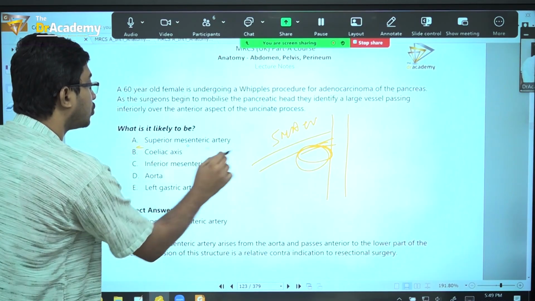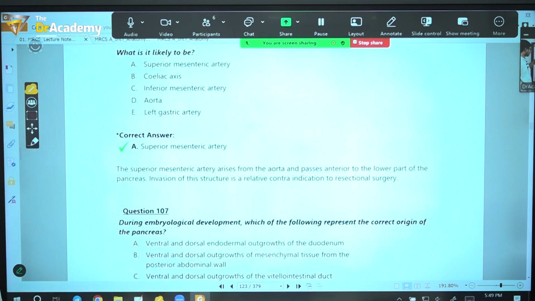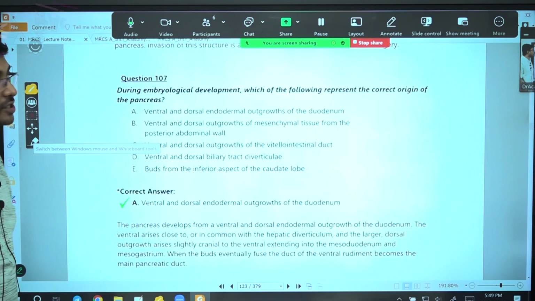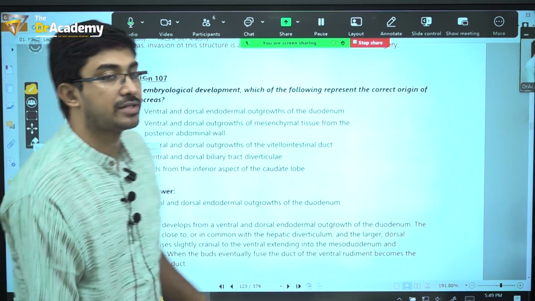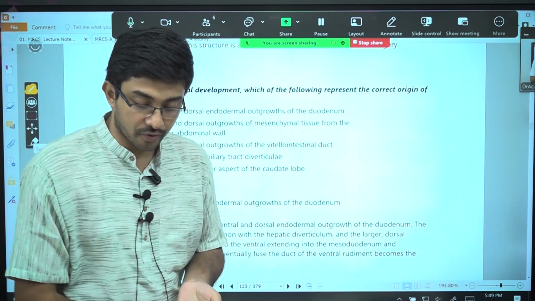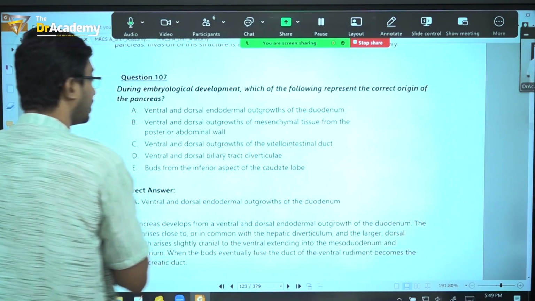So that will be the superior mesenteric artery. During embryological development, which of the following represents the correct origin of the pancreas? We know that the pancreas arises from the dorsal and ventral pancreatic buds, outgrowths of the foregut and midgut. So, dorsal and ventral endodermal outgrowths of the duodenum.